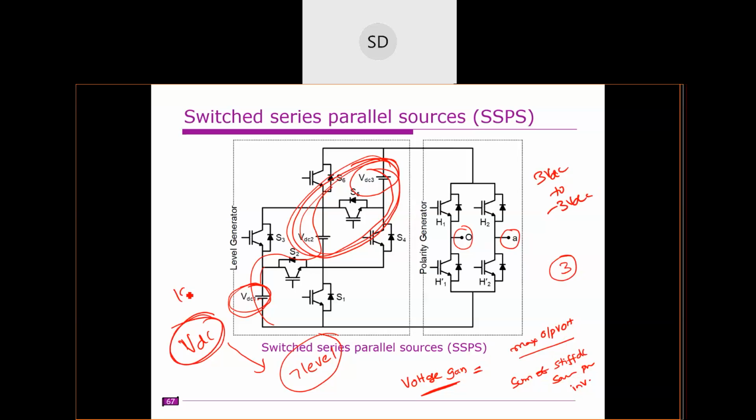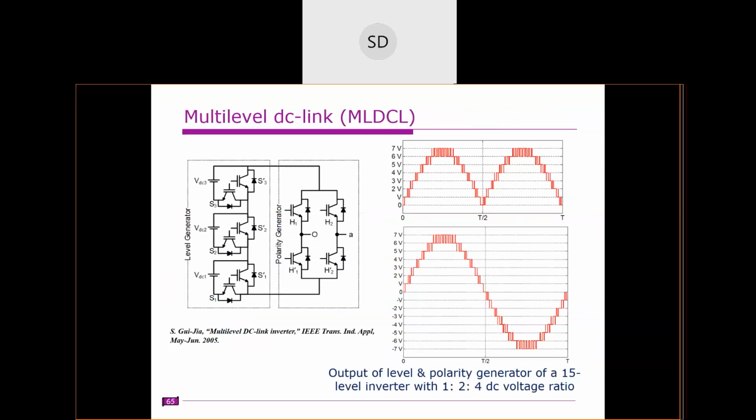So if you are giving 100 volts here, on the output side you are getting 300 to minus 300 volts. Okay. So that is voltage gain. That applies only if you are replacing some of the DC sources with capacitors. In the normal case, where there are no capacitors, the voltage gain is always 1. Okay.